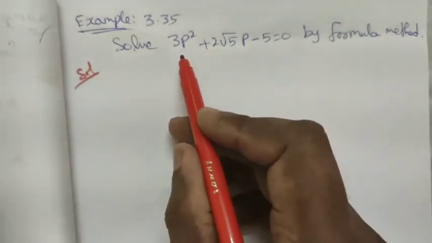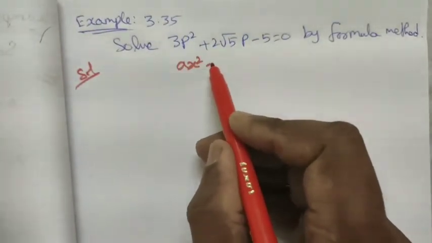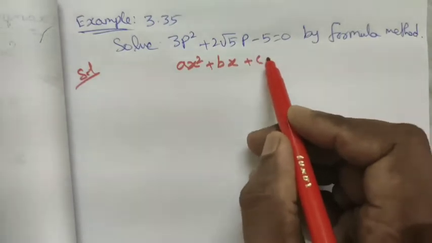Solve 3p square plus 2 root 5 into p minus 5 equal to 0 by the formula method. Compare this equation with the quadratic equation ax square plus bx plus c equal to 0.